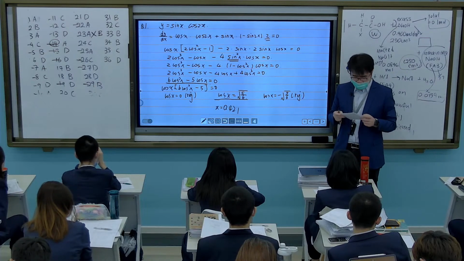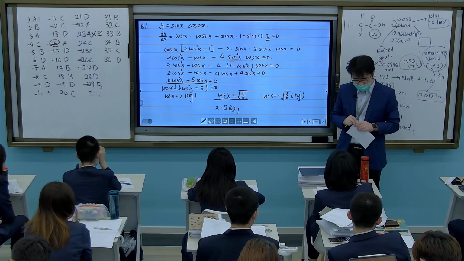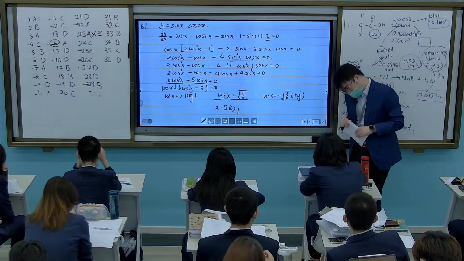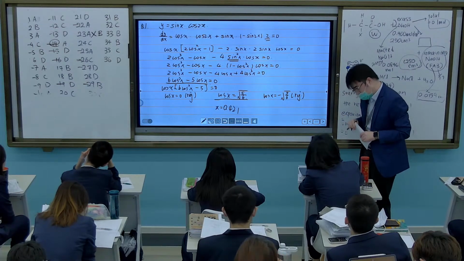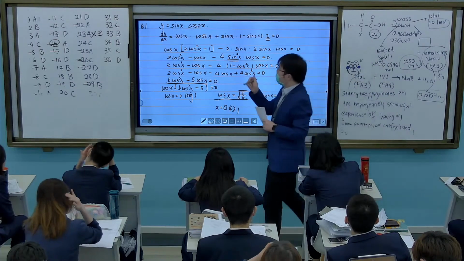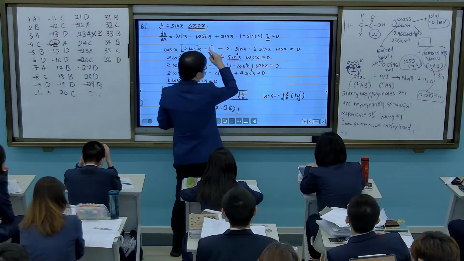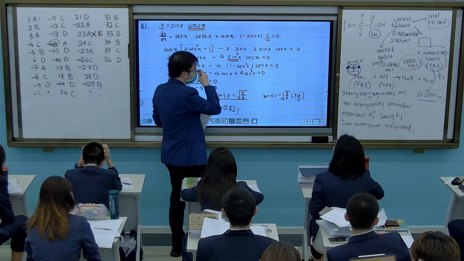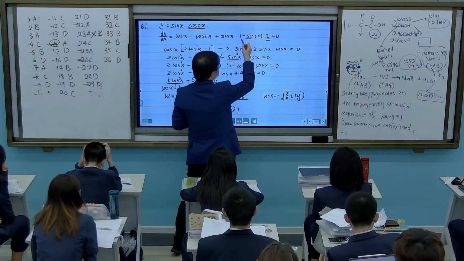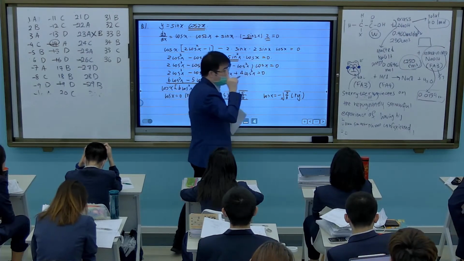The derivative for the cosine 2x, the outside layer is the cosine, right? So the differentiation of the cosine will get a negative sign, but one time, one layer, okay?